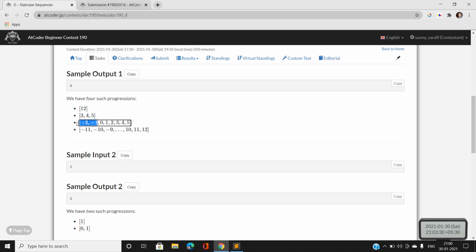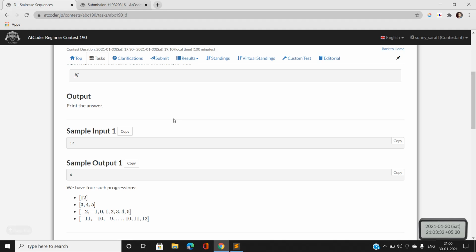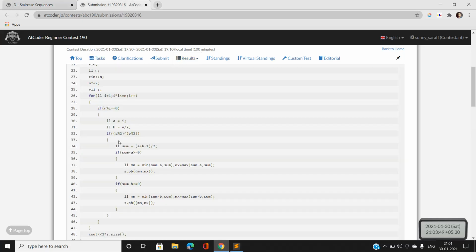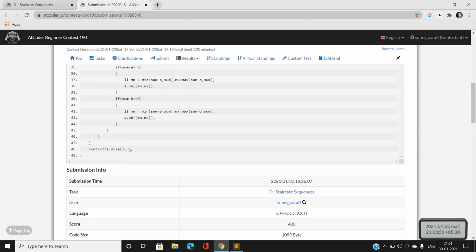So there are two possible values we consider, for the positive side and for the negative side. We can approach capital N sum in two possible ways, from the positive side and from the negative side. So we are going to multiply our answer by 2, as you can see here. Finally our answer would be the size of vector S times 2.